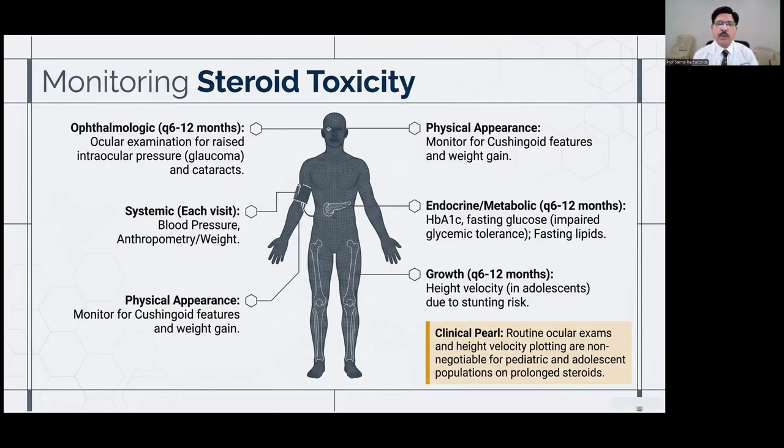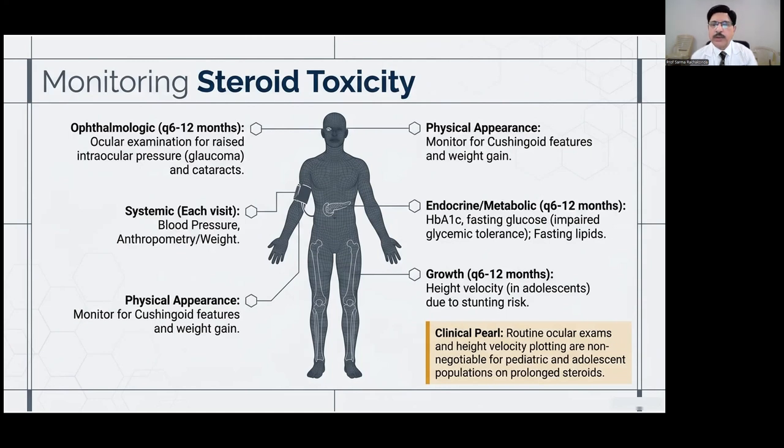Physical appearance: Cushingoid features, weight gain, and height velocity in adolescents, at 6 to 12 months time, stunting risk of growth. People who are growing, if you observe them, steroids will stunt the growth. That means growth impediment can occur. These are the steroid toxicities to look for.